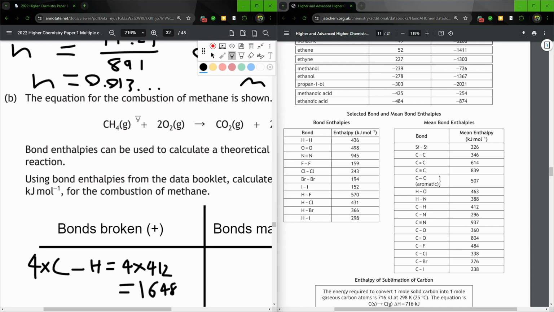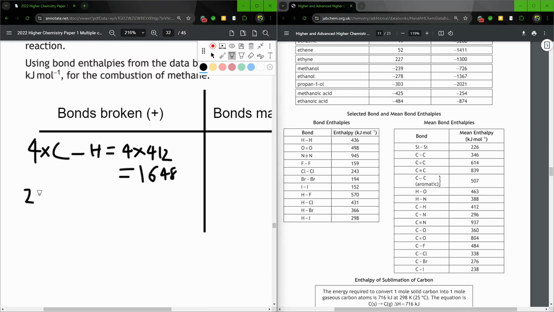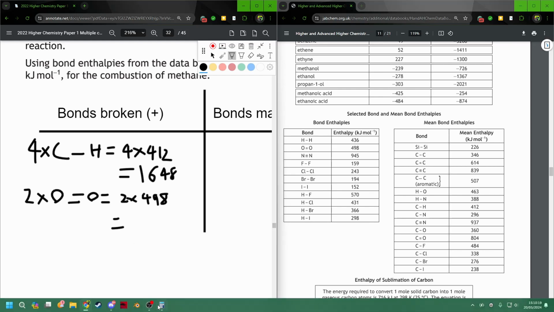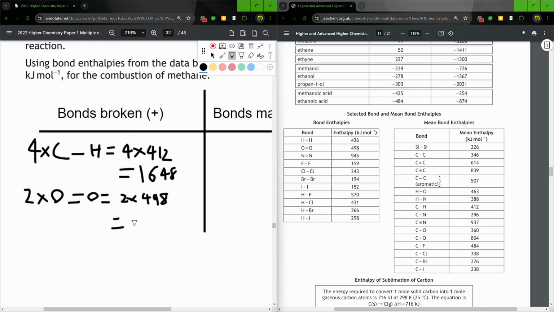And then the other one broken is 2 of these oxygen bonds, but remember these are oxygen double bonds, because it's a diatomic element, because they share the same valency. There's 2 of them, so 2 times 498. I'll go and do that. 996.